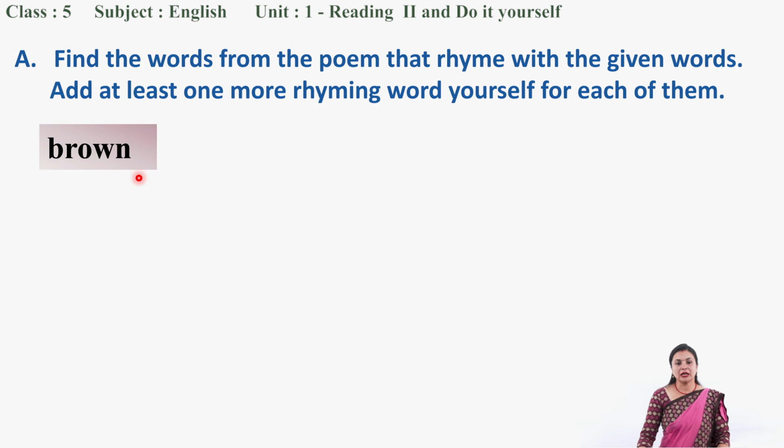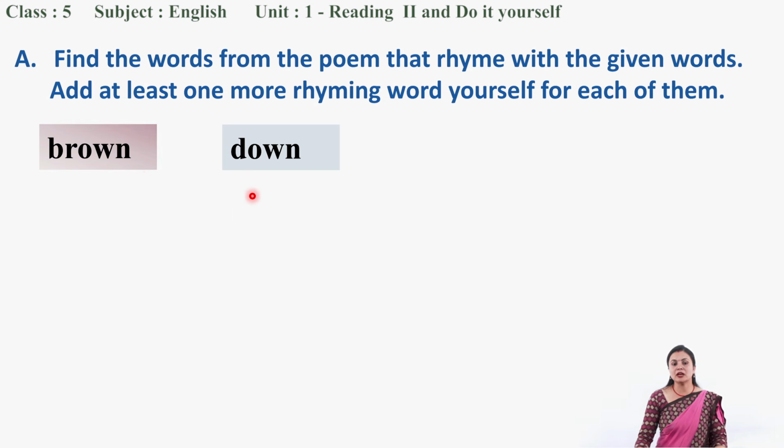Okay, first of all, find out the rhyming word from your poem. We have just practiced some of the rhyming words, yes? So, let's find out the rhyming words from the poem. What is the rhyming word of brown? That is down. Okay, now you have to say one rhyming word yourself.